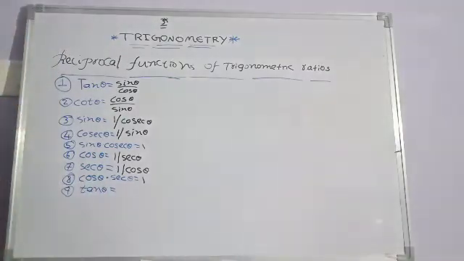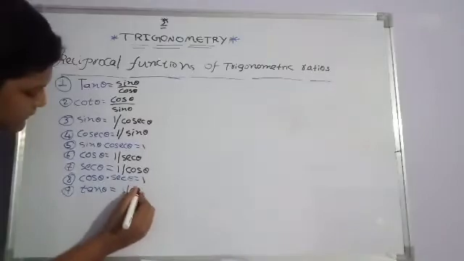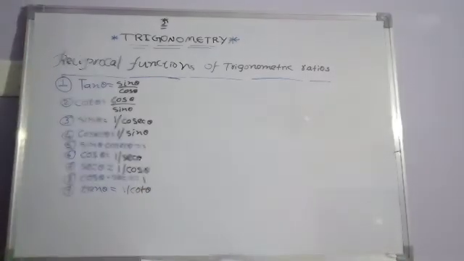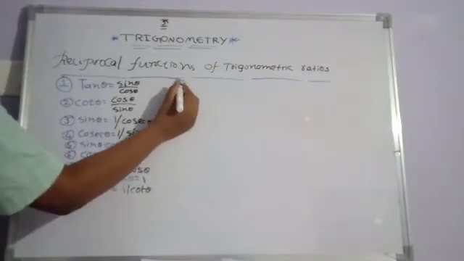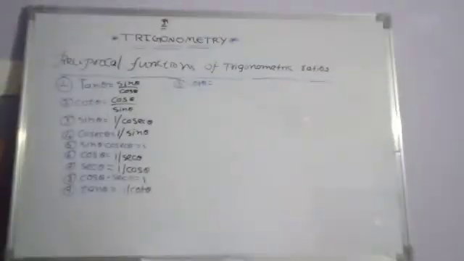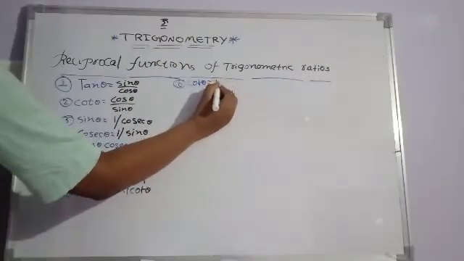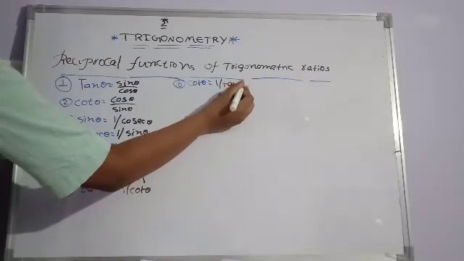Tan theta is equals to 1 by cot theta. The next one is the 10th one. Cot theta is equals to 1 by tan theta.